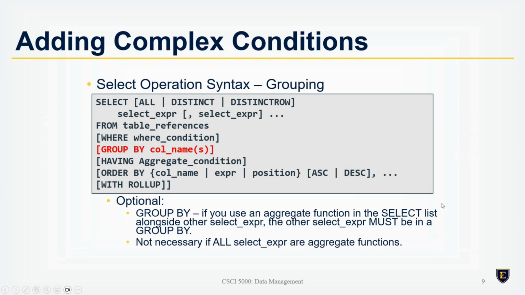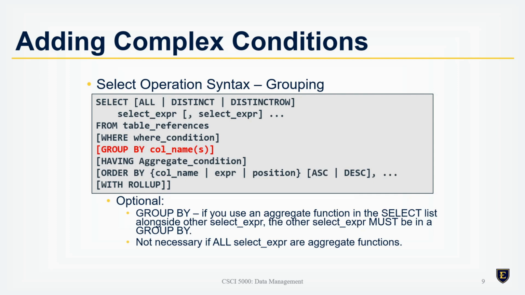Now, let's go back and look again at our select statement syntax, and there is an option for grouping things together. The group by statement, which I've highlighted here, is what we use to do that. If you use any kind of function to aggregate data together in the select list, anything that is outside that aggregate function expression has to be included in the group by.